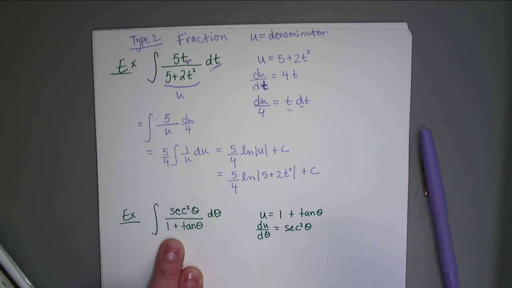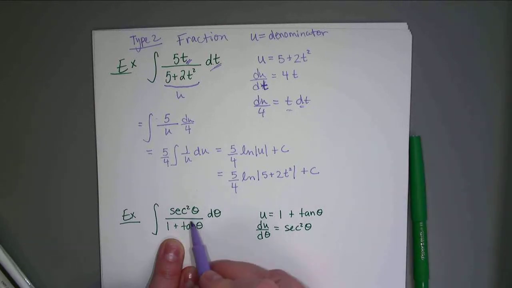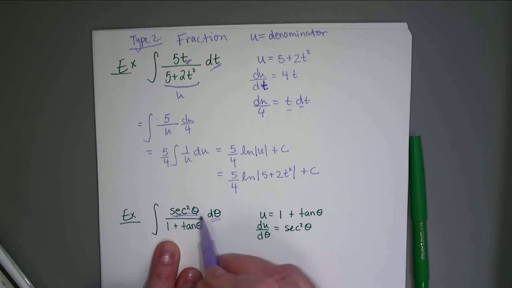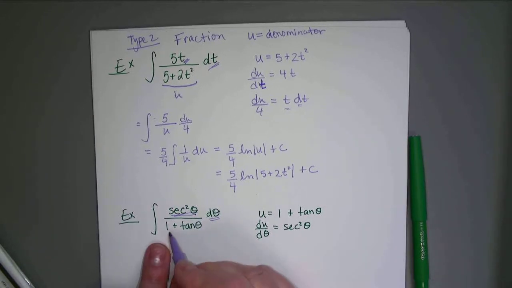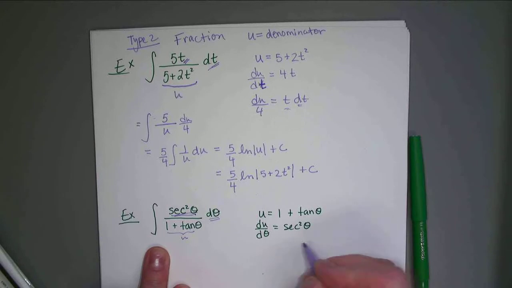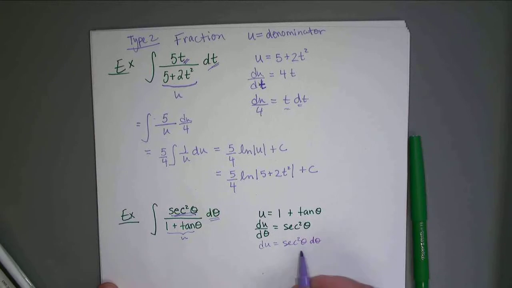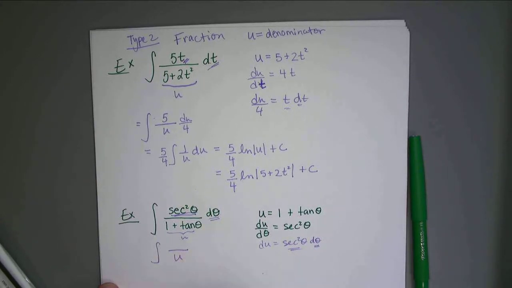And you notice we've got a secant squared here. So what we want, secant squared theta and d theta to drop off, those are the two parts that have thetas in it. We call this whole bottom u. So if we rearrange this, du is secant squared theta d theta. So there it is, the two parts we want to drop off. Call that u. Drop these.